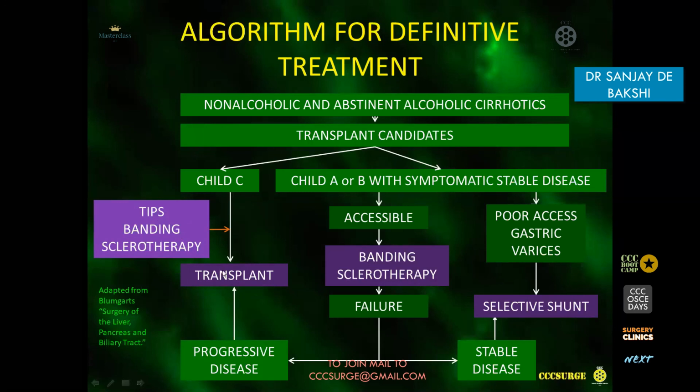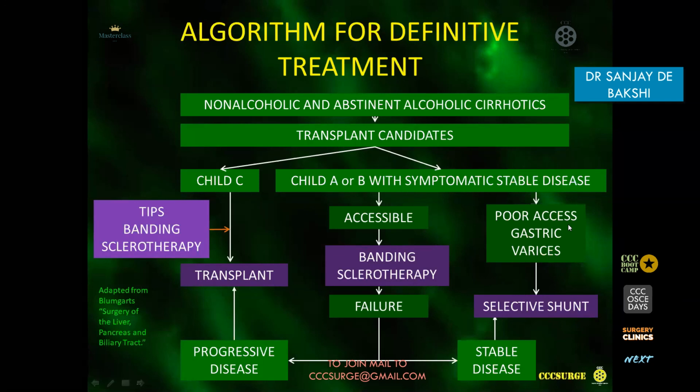If you have a Child C, this patient deserves a transplant. You have a patient with a Child A or B with symptomatic stable disease. There are two situations. You have accessible varices, or you have poor access. Somebody has done a sclerotherapy and the esophagus is narrowed.